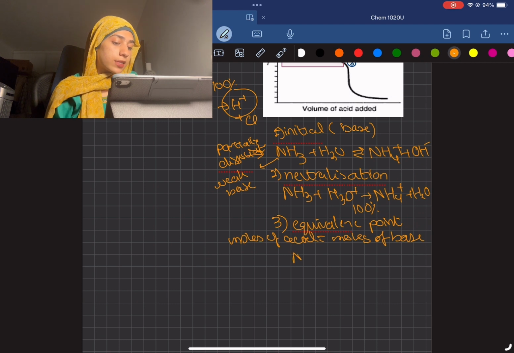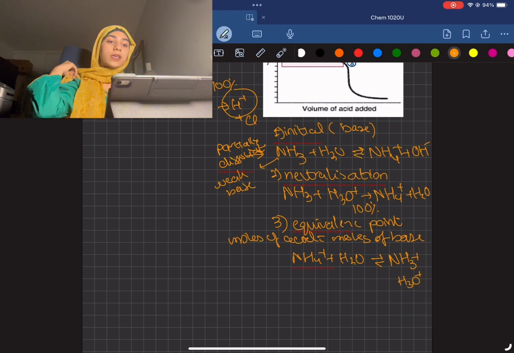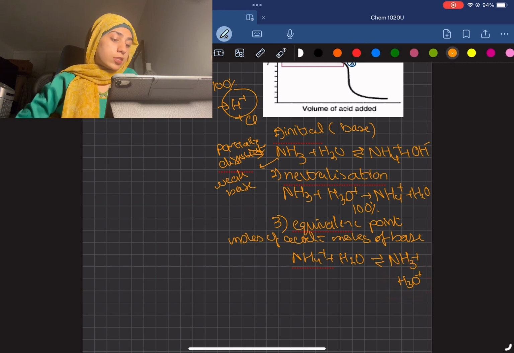So NH4 plus H2O would give me NH3 plus OH, H3O positive. Now because over here I'm producing H3O positive, this would mean that when I find the pH at this point, my pH would lower down. So lower pH would mean that my solution is acidic.